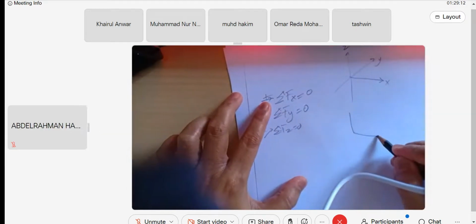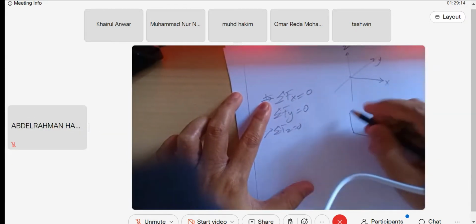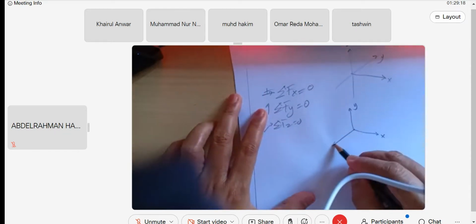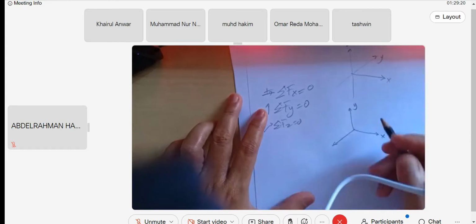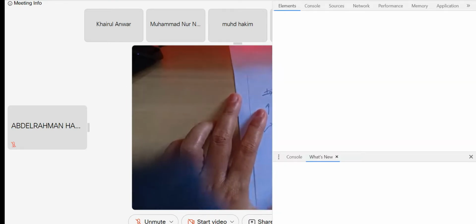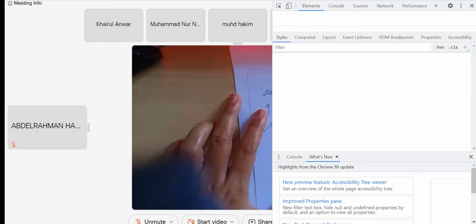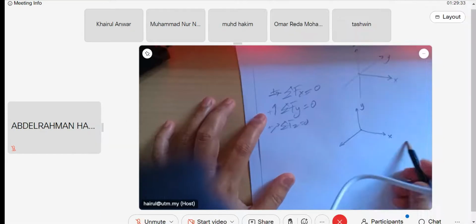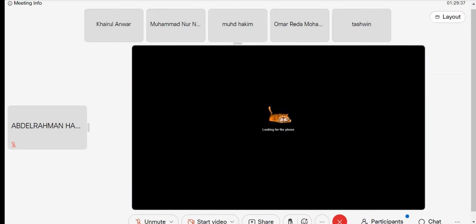If you use the German convention, X is like this. American books often have Y like that and Z pointing like this. So equilibrium means if you add up the components of X, the summation must be 0. Summation Fy equal to 0, summation of Fz also. This is about force.